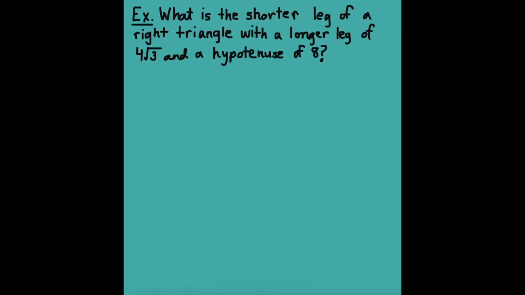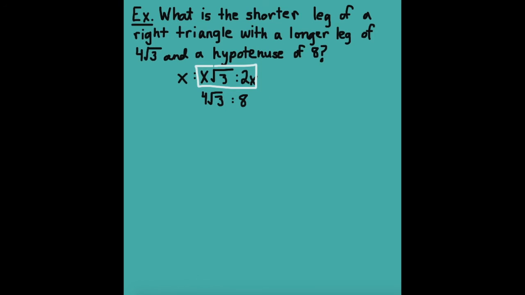The ratio of a 30, 60, 90 triangle is x to x root 3 to 2x. Let's look at the ratios of the longer leg and the hypotenuse, since those are the ones we are given in this problem: x root 3 to 2x. In this problem, the ratio is 4 root 3 to 8.